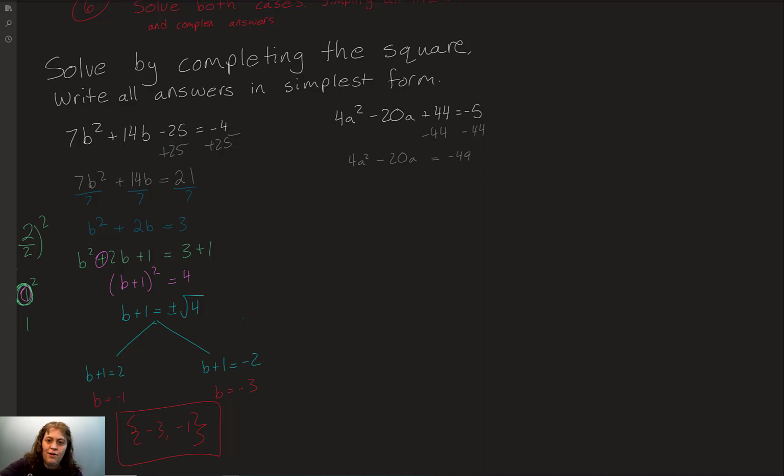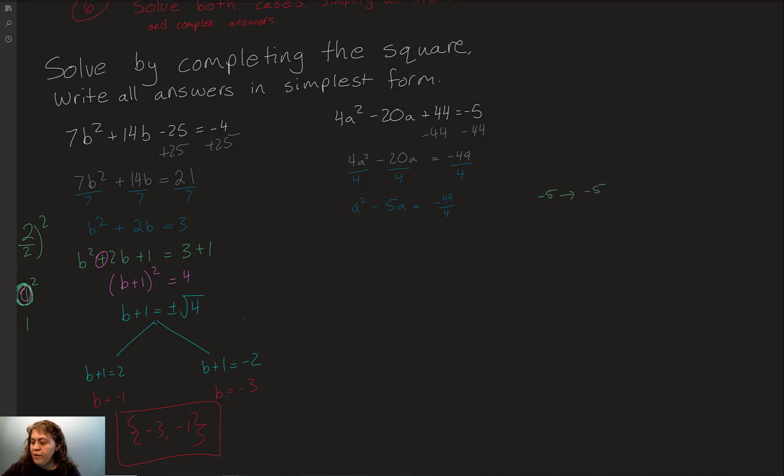I've got that down. Next thing we do is we divide by that a. So we have a squared minus 5a equals negative 49 over 4. Well, that's delightful. That's a fraction. And there's nothing I can do about it. It's just going to hang out for the ride. All right, off to the side, we're going to take b, which in this case is negative 5.